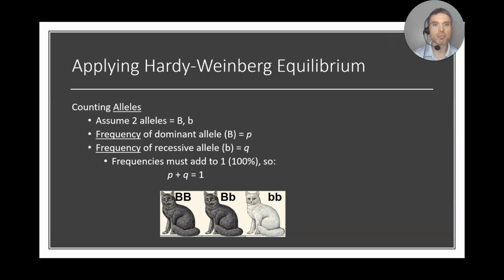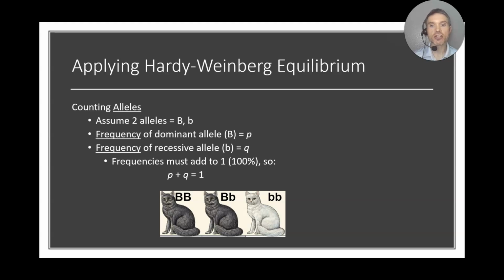So let's apply the Hardy-Weinberg equilibrium. We're going to look at cats. We have the black cat there, and we have the white cat. Let's assume we have 2 alleles. Big B represents the dominant trait for black, and small b represents the recessive trait for white.